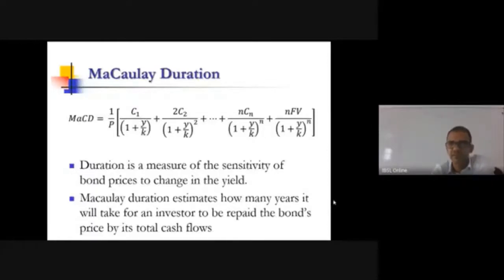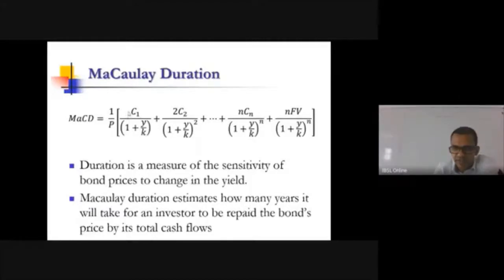The very first one is Macaulay duration. The definition is that it's the weighted average of time, where the weights are the present value of the cash flows.